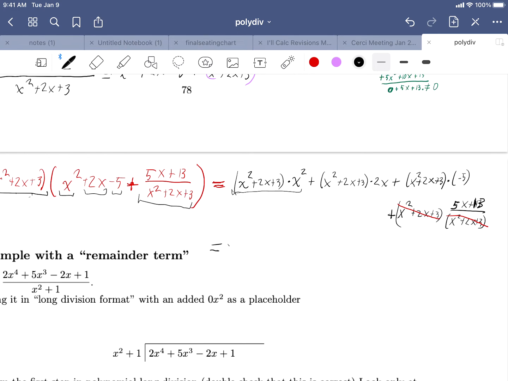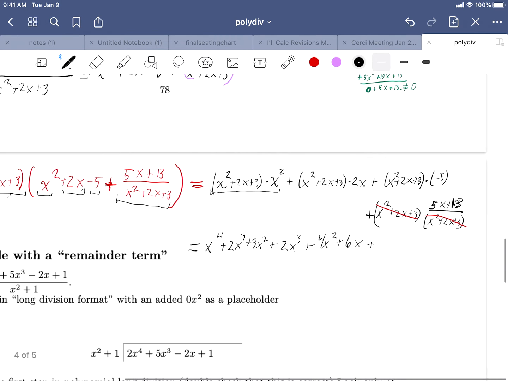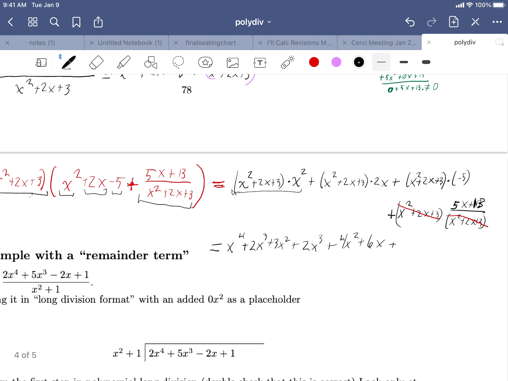Alright, so now let's distribute. Let's expand this out. x to the 4th, x squared times 2x plus 2x cubed plus 3x squared, plus 2x times x squared plus 2x cubed plus 4x squared plus 6x, plus, that's a negative, so there's going to be some subtraction, minus 5x squared minus 10x minus 15, plus 5x plus 13.